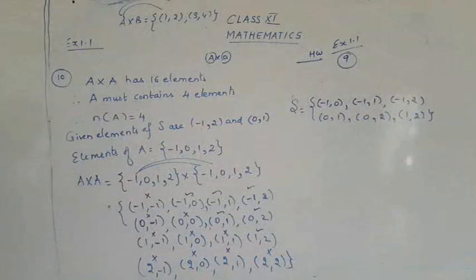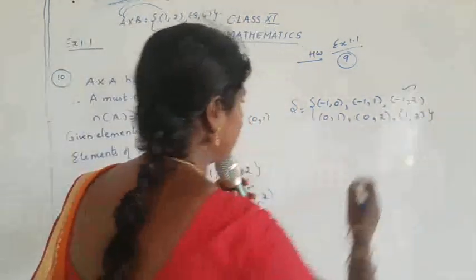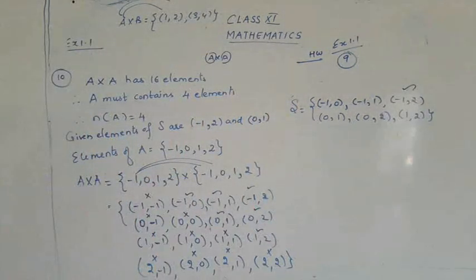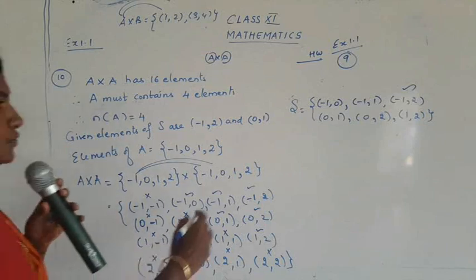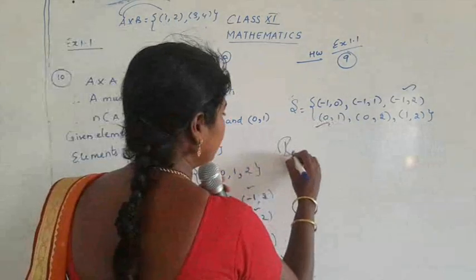Now coming back to the question, find the remaining elements of S. Already 2 elements are given for S. What are the 2 elements given to you? (-1, 2) and (0, 1) are given to you. So what are the remaining elements of S over here?